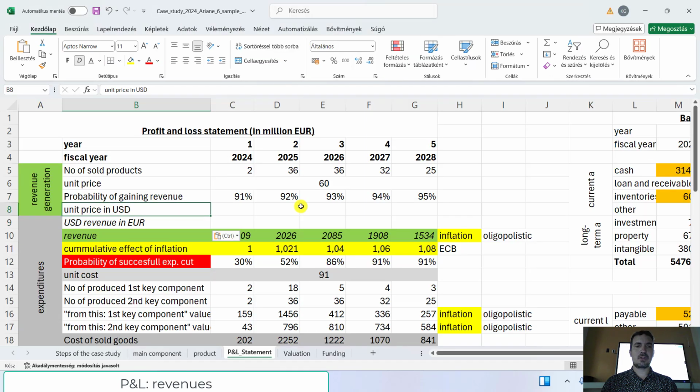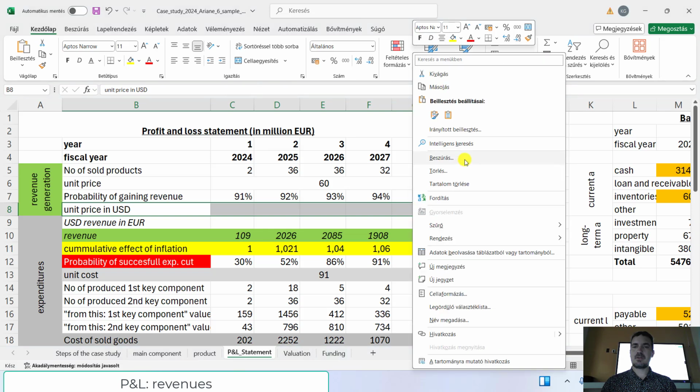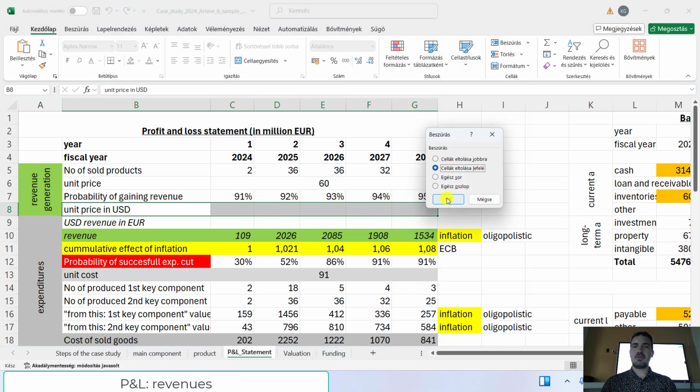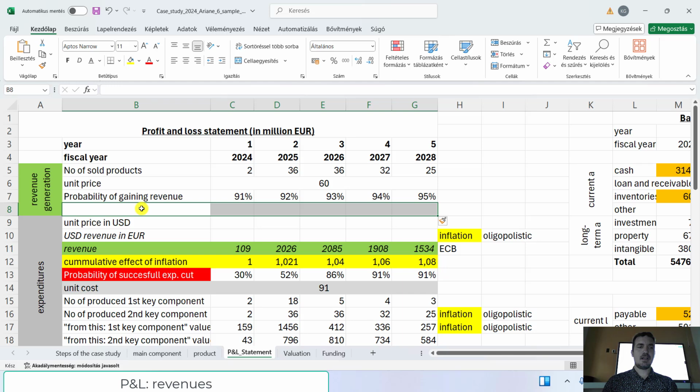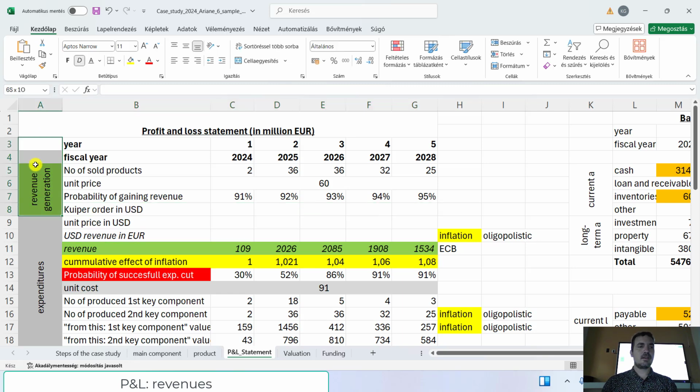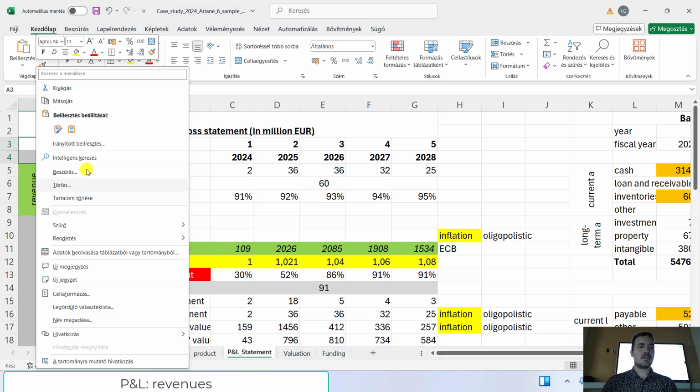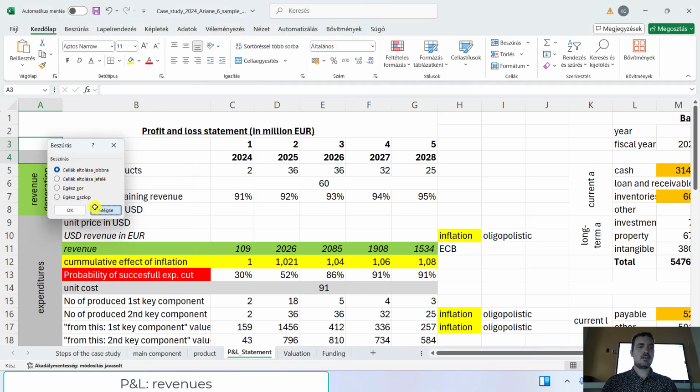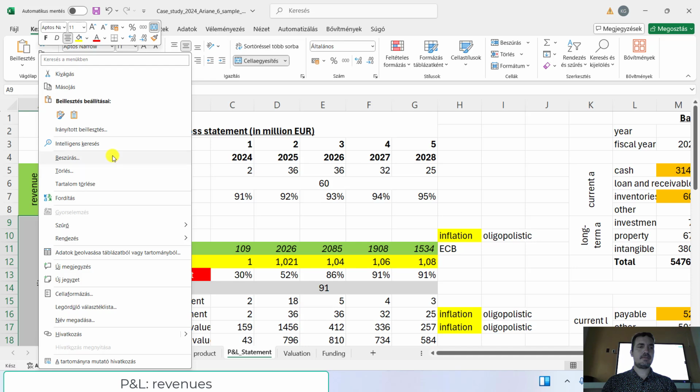Sorry, the number of sold products should also be added. So we should add 3 different. This one.